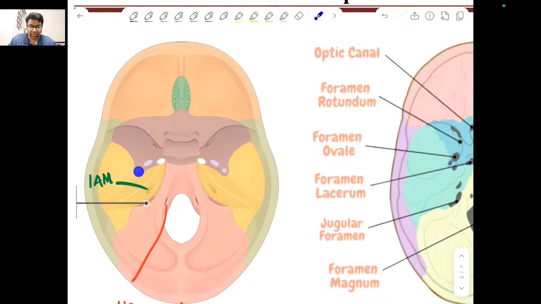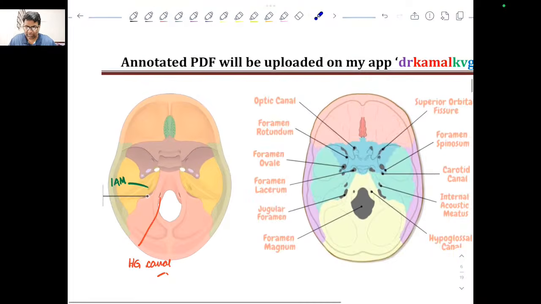And we know that if there is traumatic rupture of middle meningeal artery, there is extradural hemorrhage. Then this is foramen rotundum here, and this is the optic canal, which is giving way for the optic nerve and ophthalmic artery. This is the cribriform plate of ethmoid bone, that forms a partition between the anterior cranial fossa and the nasal cavity. Clear?